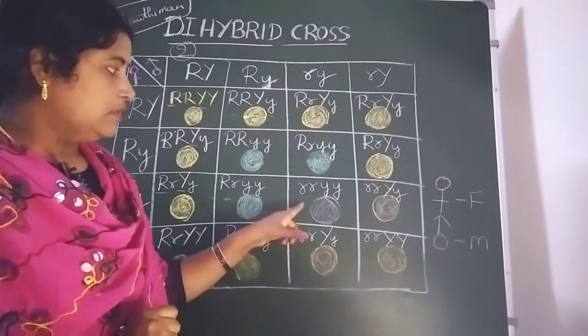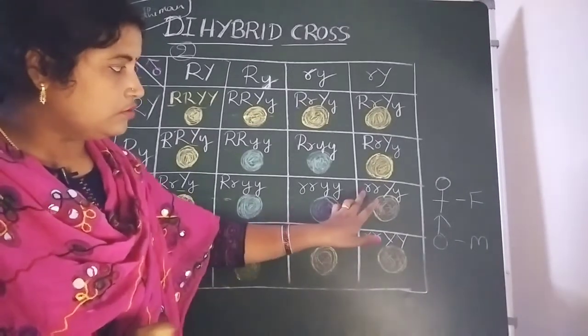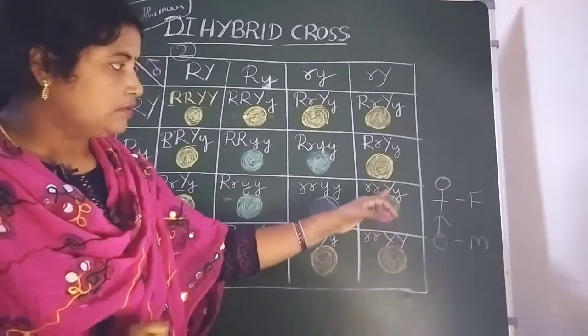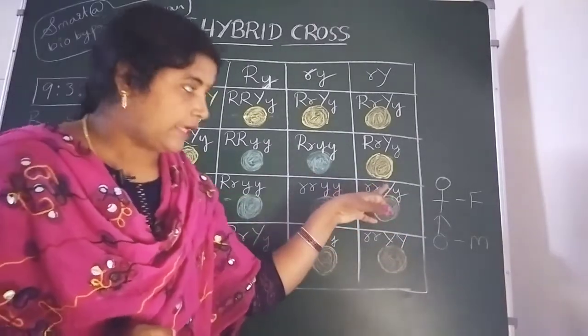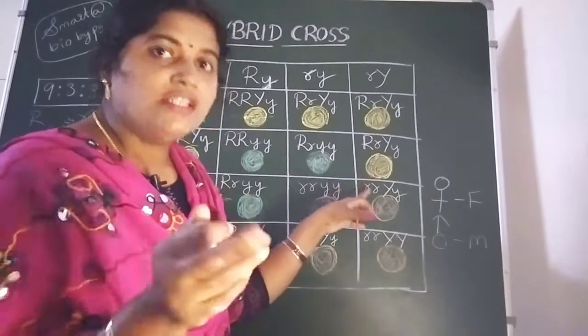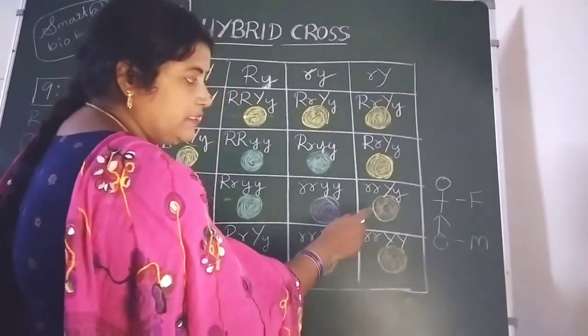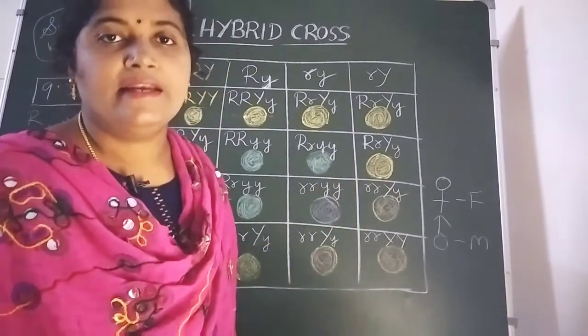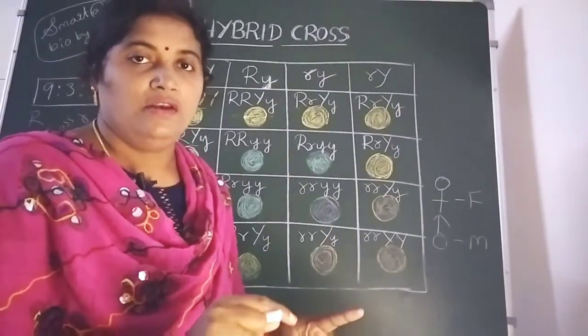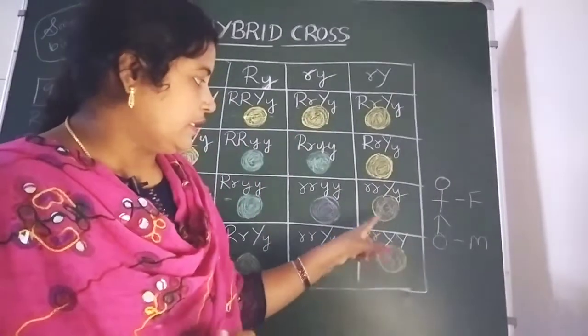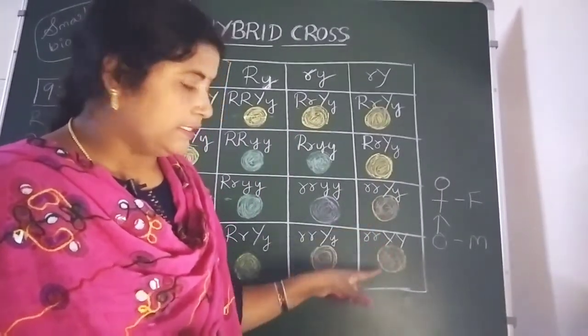And next one, one more combination: 2 small r's and 1 capital Y and 1 small y. In the presence of one capital Y, it is expressing its character, and it will be wrinkled yellow. Wrinkled yellow, it is not round, wrinkled. So how many are there? 3 are there.